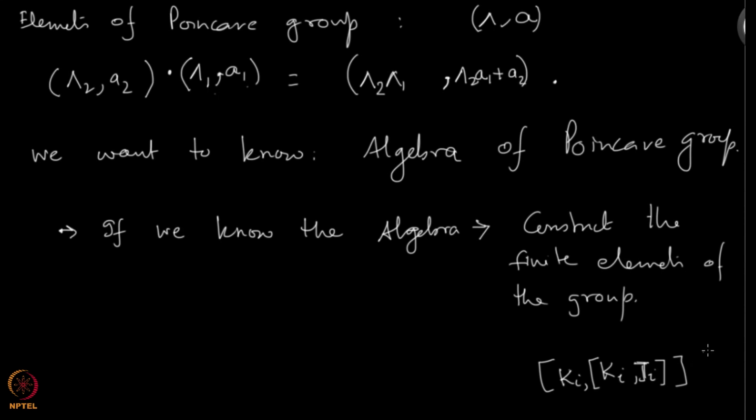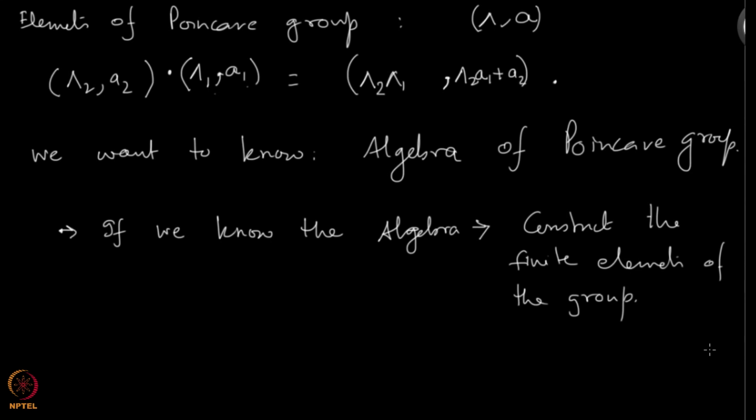So once you know the commutation relations with two generators, they will give you all the elements which are connected to the identity. Okay. See, there may be parts of the group which cannot be generated by knowing only the generators of the algebra, right?